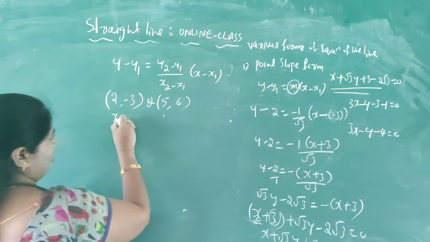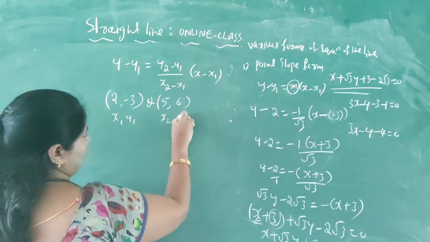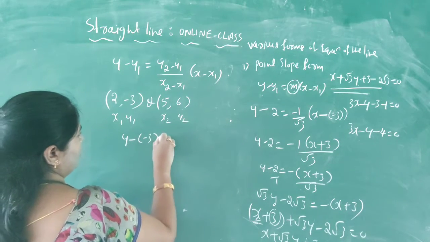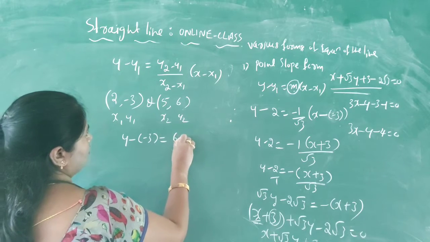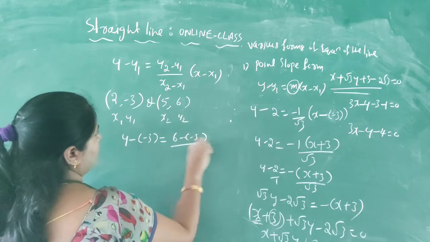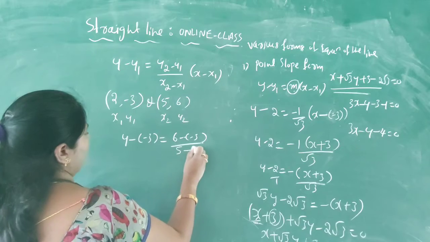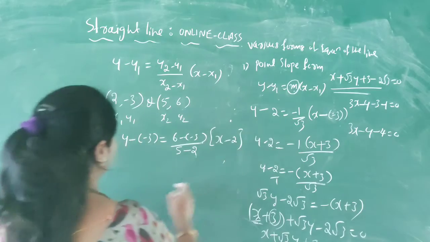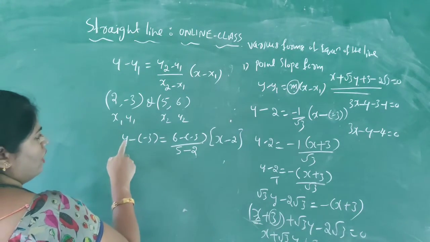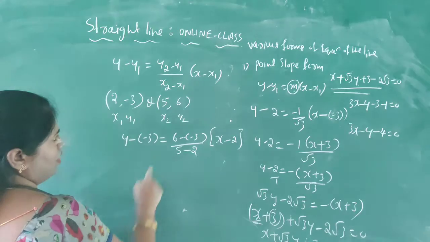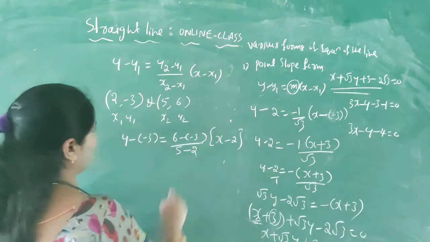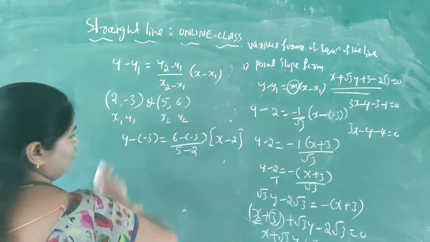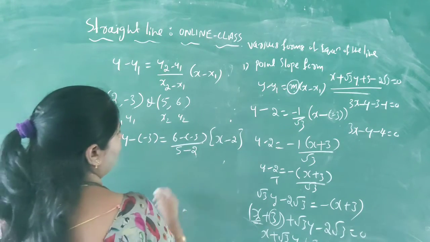Take them as x1, y1, x2, y2. Use the formula: y minus y1, where y1 is minus 3, is equal to y2, which is 6, minus y1, which is minus 3, divided by x2, which is 5, minus x1, which is 2, times x minus x1, which is 2.